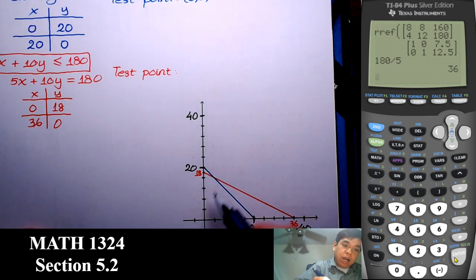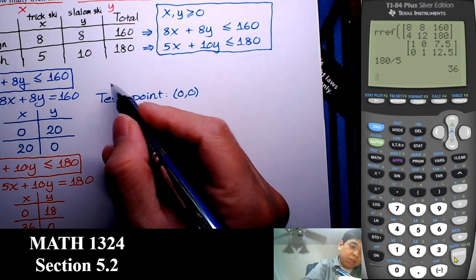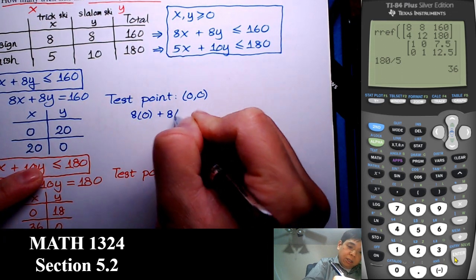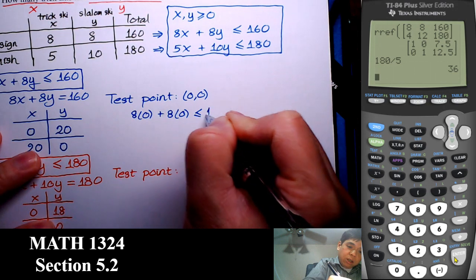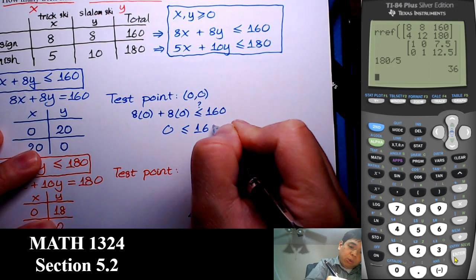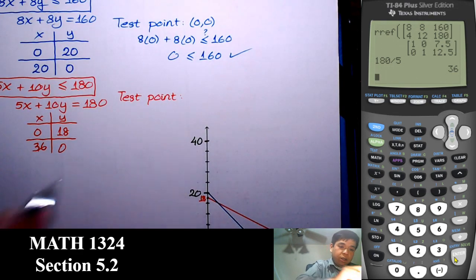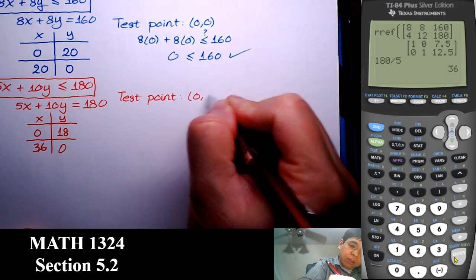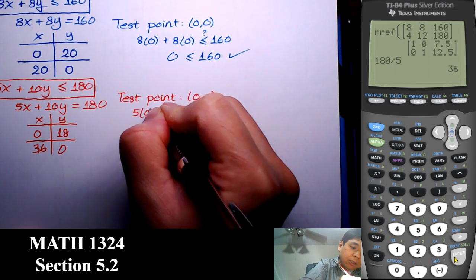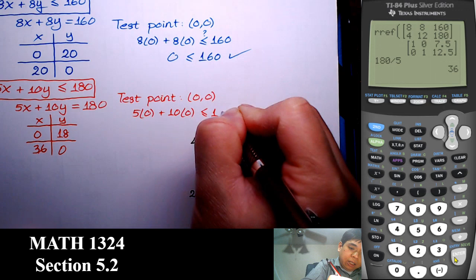Now test point. We know 0, 0 is not on either of the lines, so we can test 0, 0 easily. Put 0 in for x, 0 for y. Is that less than or equal to 160? 0 is less than 160, so that's good. Check. Now the test point for the second: 5 times 0 plus 10 times 0 is less than or equal to 180.